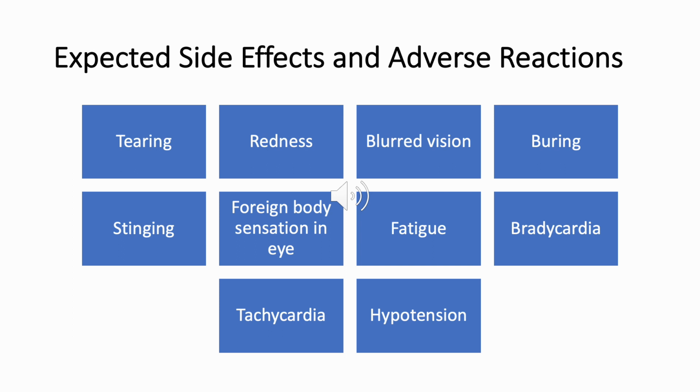The adverse reactions to alpha-adrenergic agonists include bradycardia, tachycardia, and a drop in blood pressure. These effects can result from giving too many drops of the drug, causing systemic absorption. Other adverse effects include allergic reaction, fatigue, and respiratory symptoms.